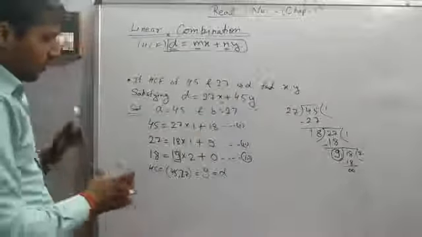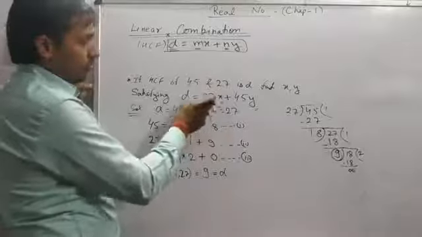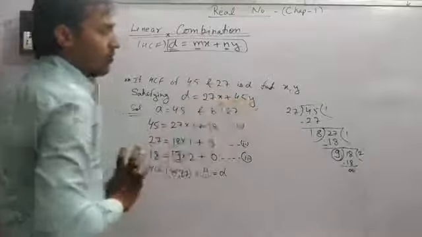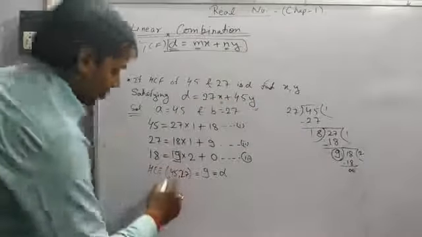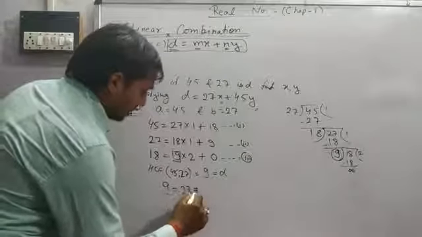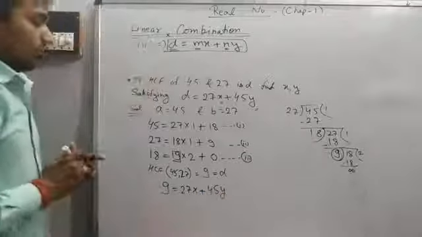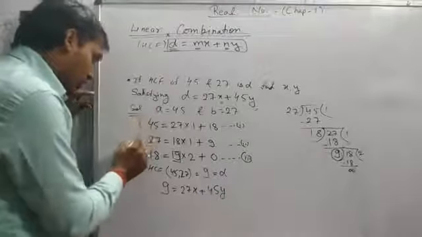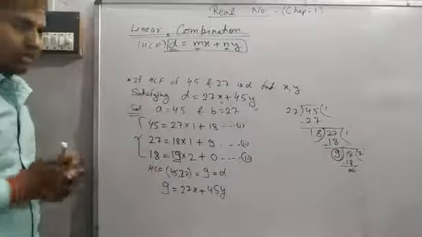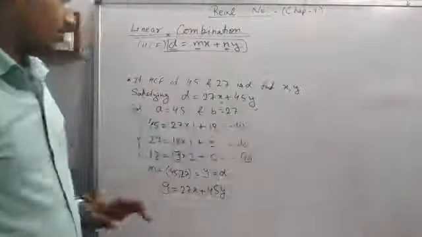Then we want to convert the whole expression in the form of 9 is equal to 27x plus 45y. So firstly we want to convert this expression in this form, then compare it. How do we convert?